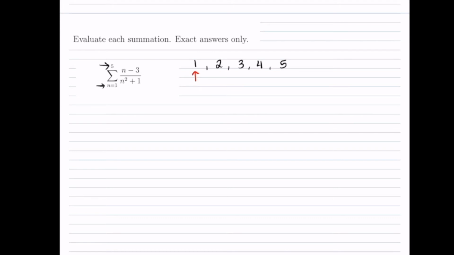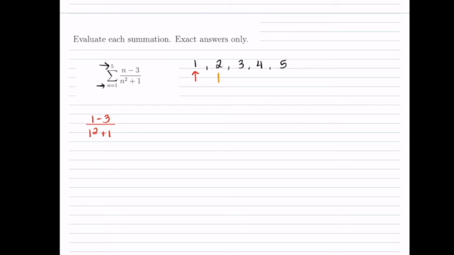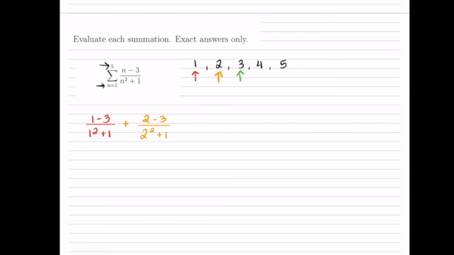So for n equals 1, we got 1 minus 3 over 1 squared plus 1. For n equals 2, we got 2 minus 3 over 2 squared plus 1. For n equals 3, we got 3 minus 3 over 3 squared plus 1.